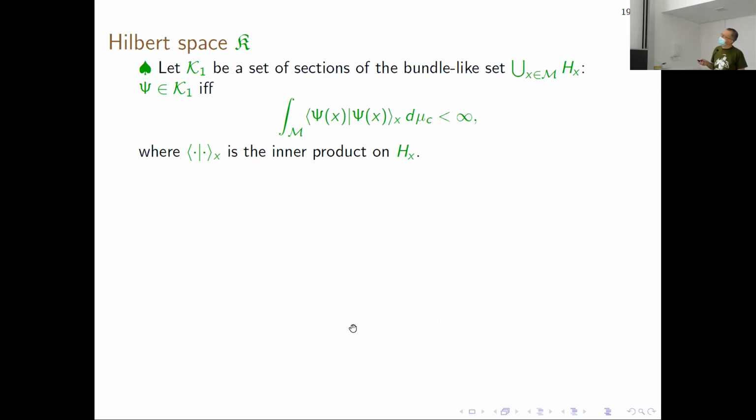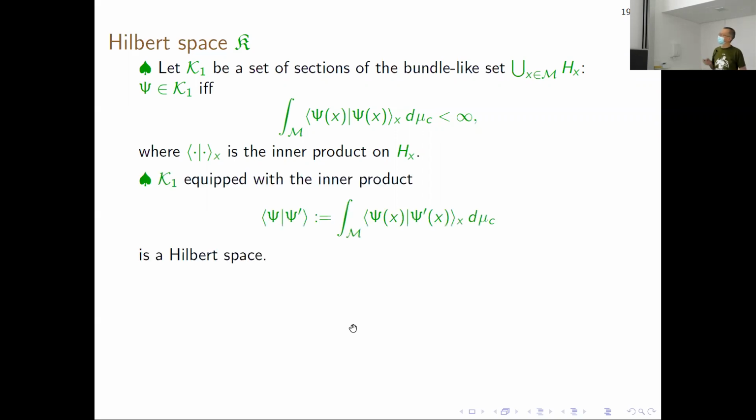So this integral can be treated as a norm on sections of this bundle-like set. So I just choose this K1 to be the set of all sections of finite norm. Now it is possible to show that this K1 indeed is a Hilbert space together with the inner product defined by a similar formula.